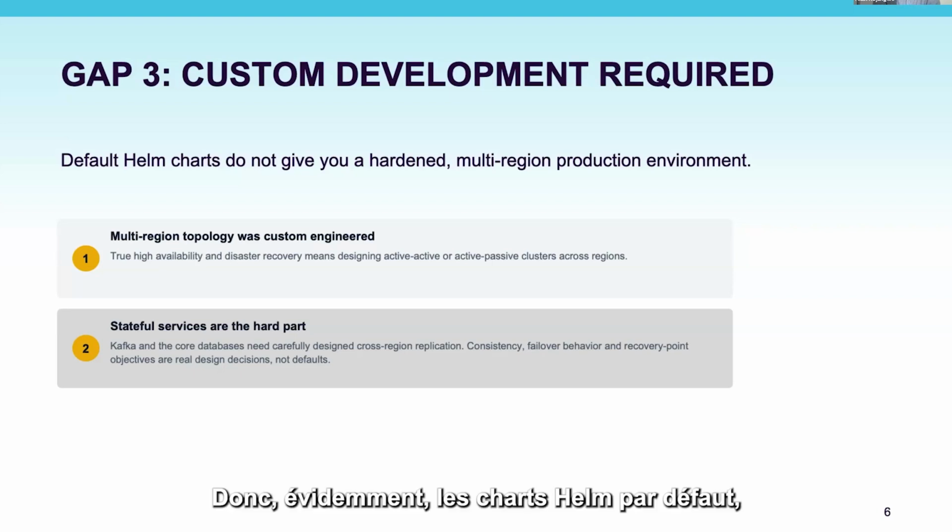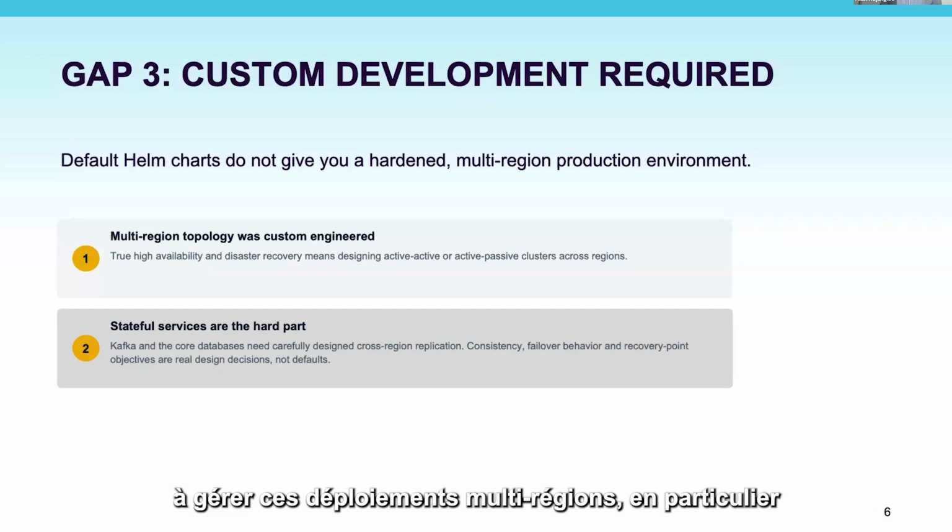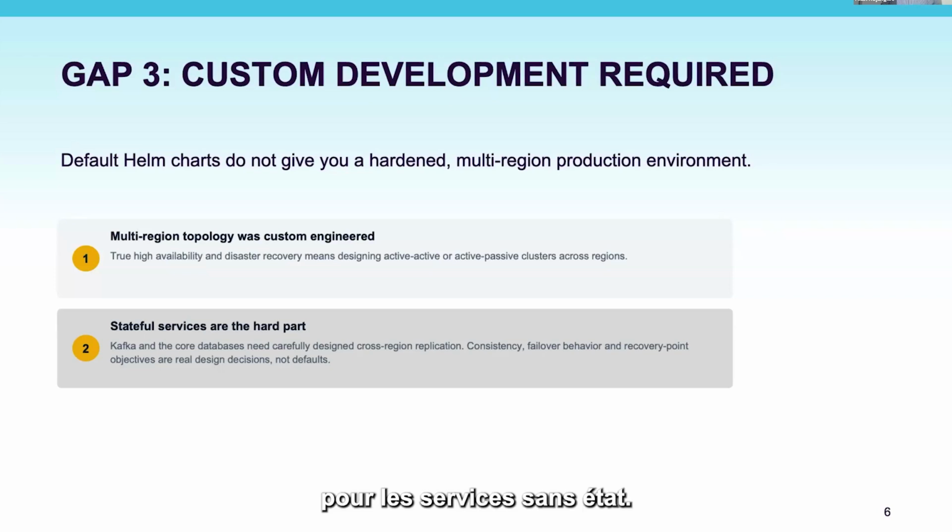So obviously, the default Helm charts, at least the versions that we were using, do not come with that multi-region environment. So we had to come up with some custom built Helm charts to handle multi-region deployments, especially for the stateless services.